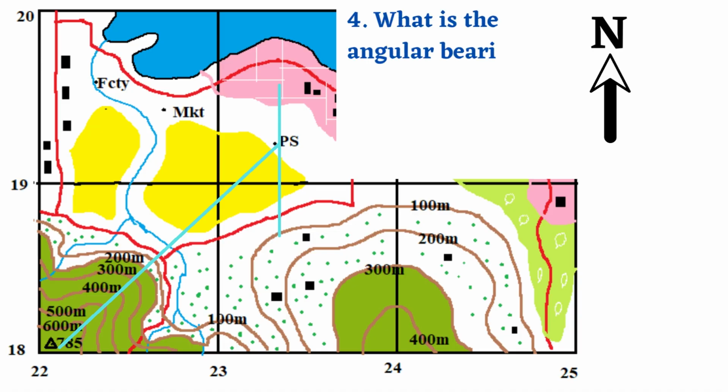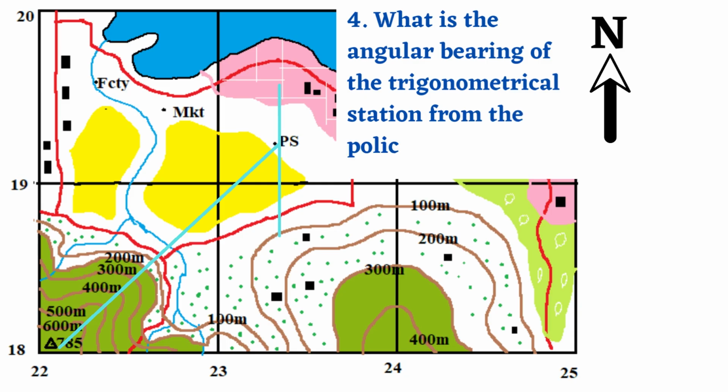Next, just like when you're finding direction, you would draw a line connecting the trig station to the police station. And then, because the police station is a reference point, you draw a north to south line through the police station. As you can see, my line is not exactly through the police station, but it's close.